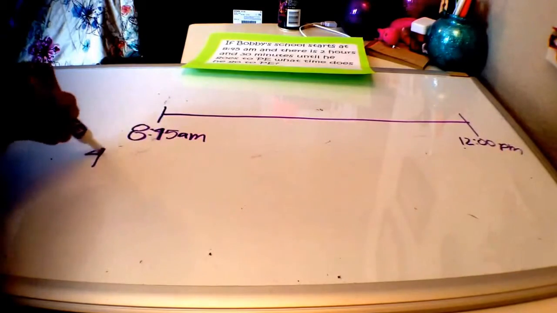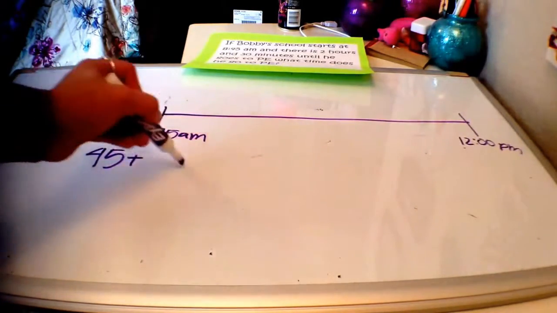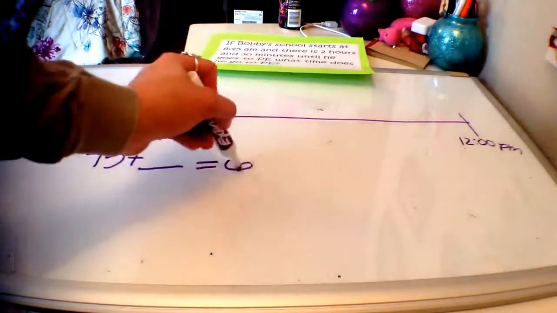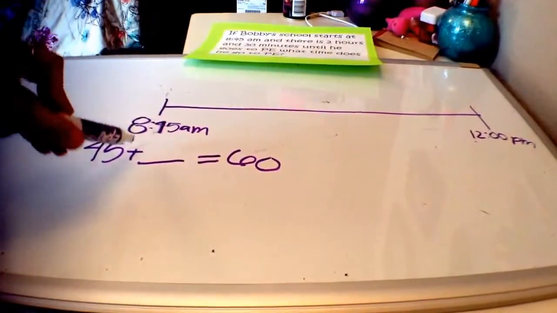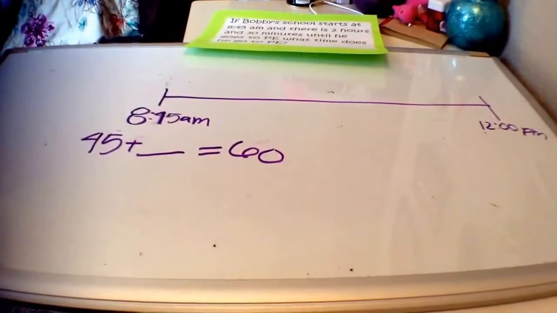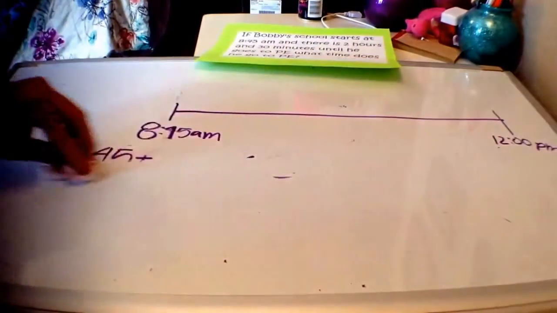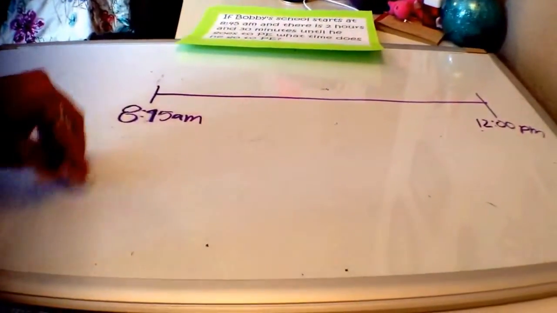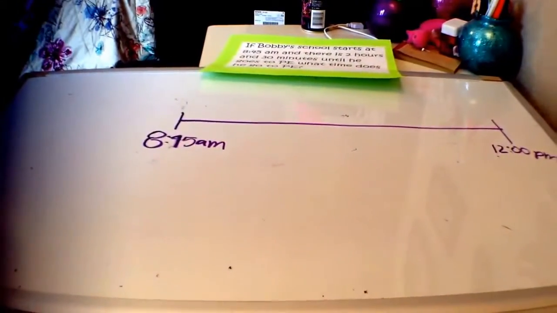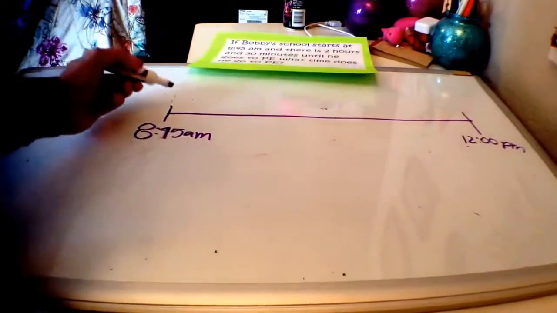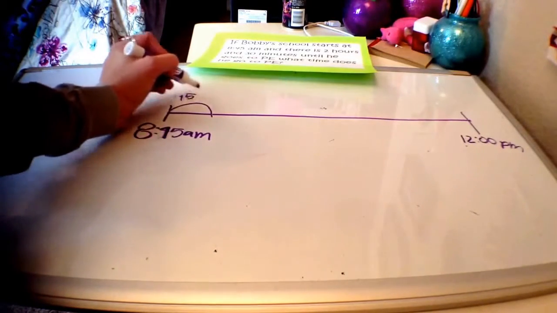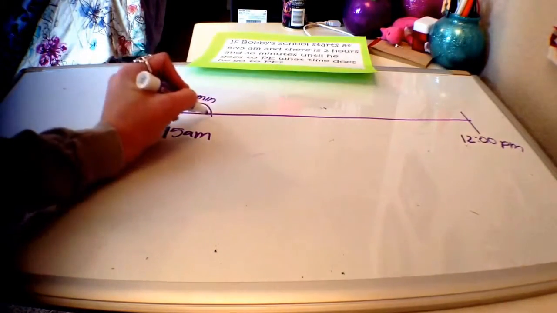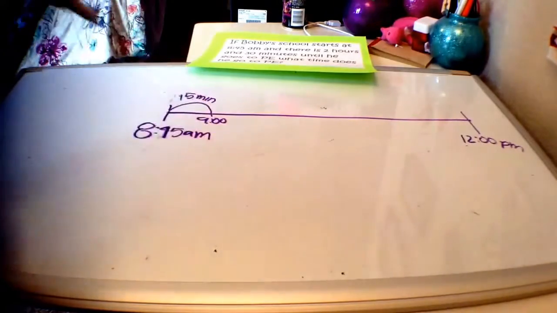Or in other words, 45 plus what gets us to 60. We know that if we add 15 minutes to 45, that will get us to 60, therefore letting us regroup to the next whole number, which would be 9 a.m. So that will be your first jump. We will start at 8:45 and jump 15 minutes, bringing us to 9 a.m.